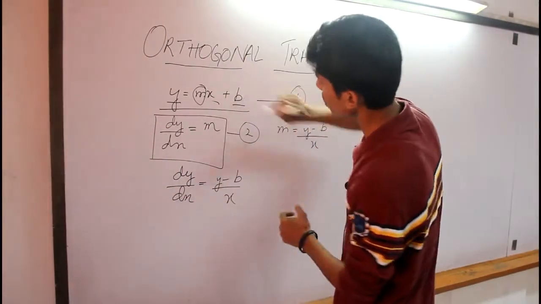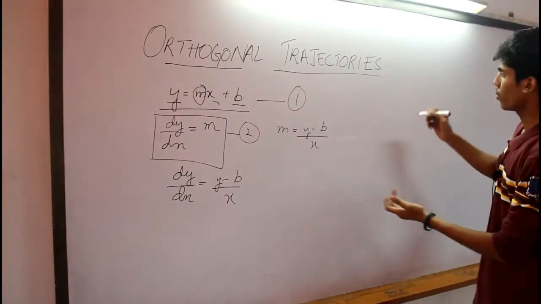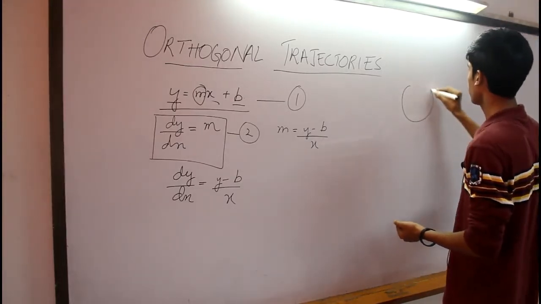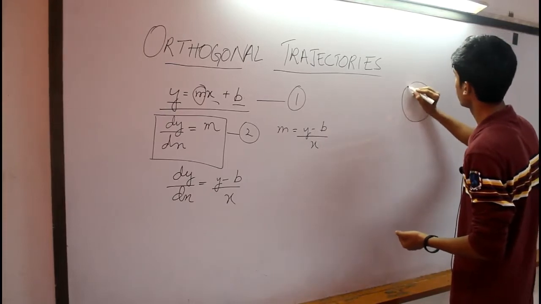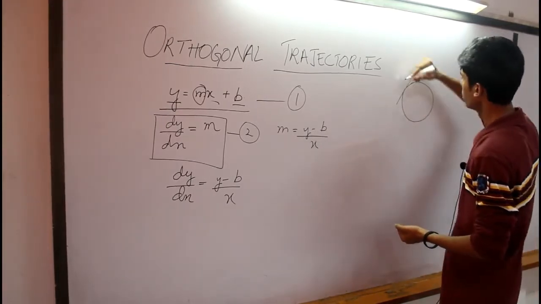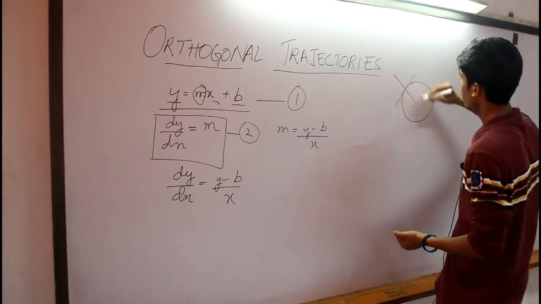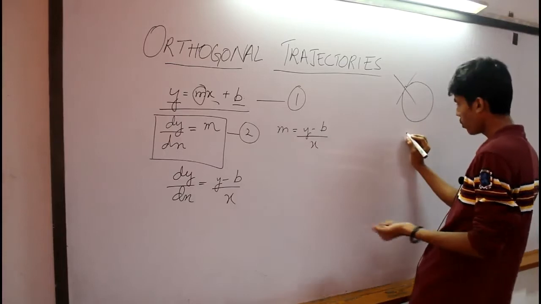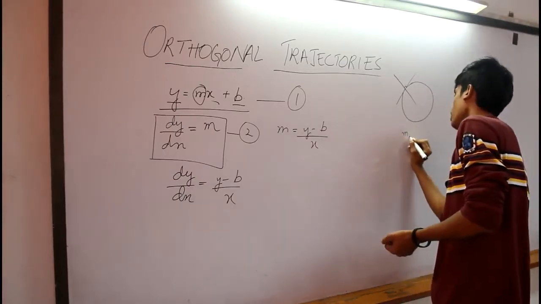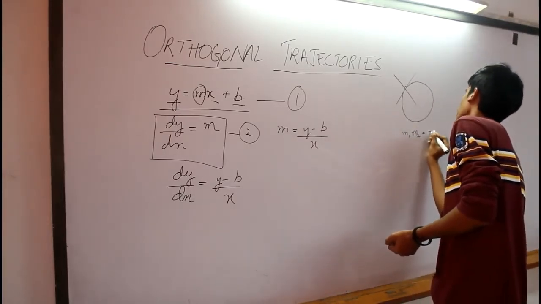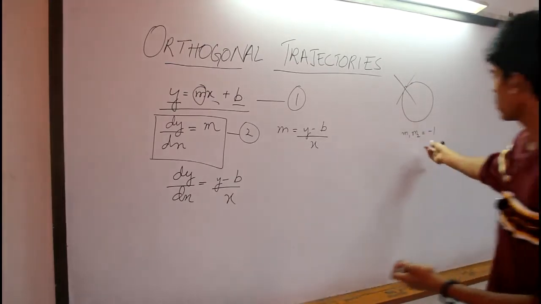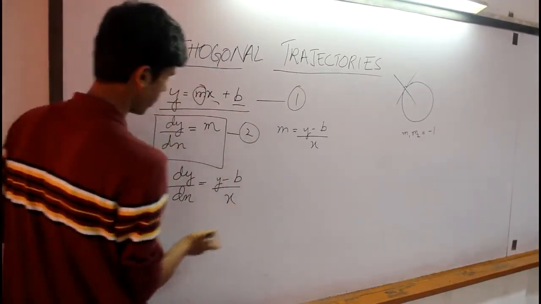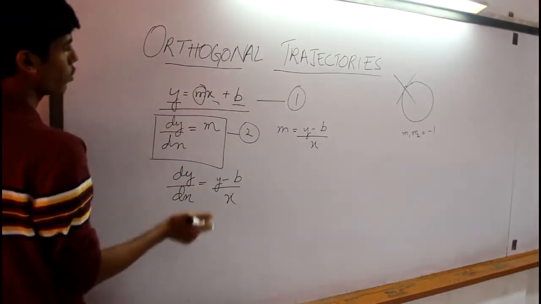Now this is the slope of this equation, and we know from basic differentiation that when there are two tangents perpendicular to each other, we have the formula that links them, m1 m2 equals minus 1. Let's say the slope of this equation is m1.